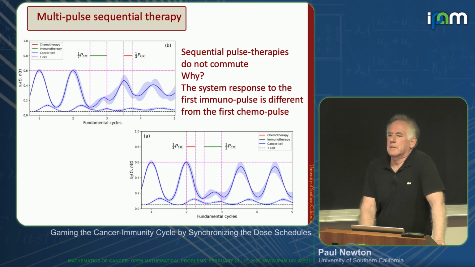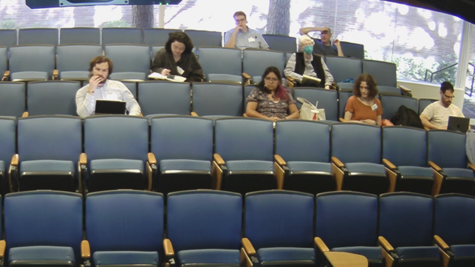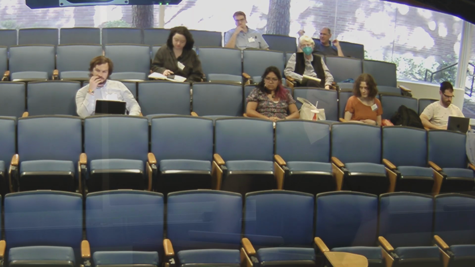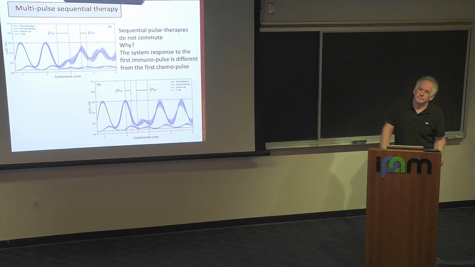So, yeah. Quick question, comment. There's a notion out there that chemo can help an immune response because you blow up the tumor cells and it releases antigen. I'm not sure to what extent this is actually true or not, but I've heard it many times. Say it again. If you give chemo first, it destroys the tumor cells. That releases tumor antigens, which is beneficial for the immune response.